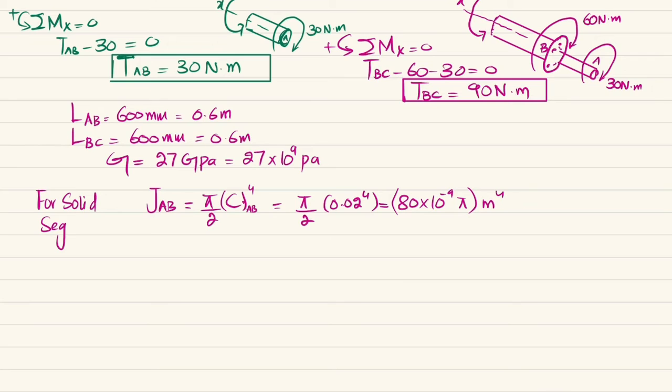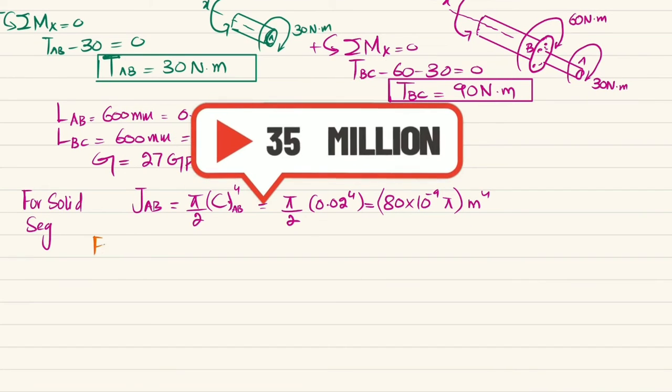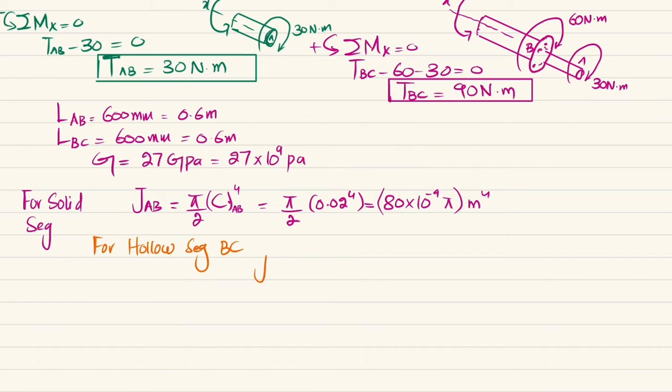Now for hollow segment BC, JBC will be equal to pi by 2 times C outer of BC power 4 minus C inner of BC power 4.